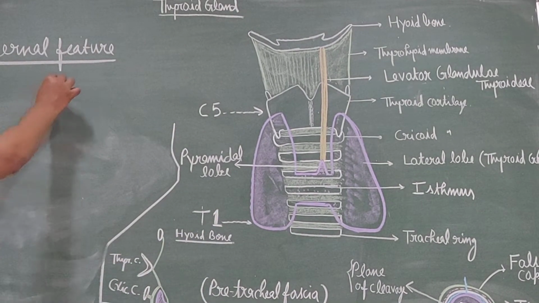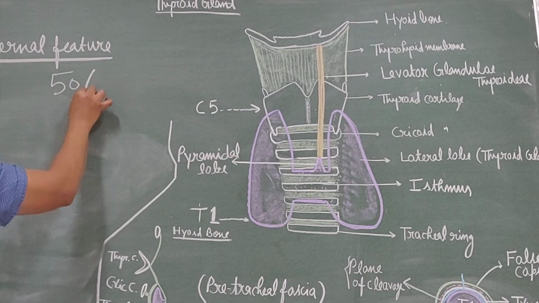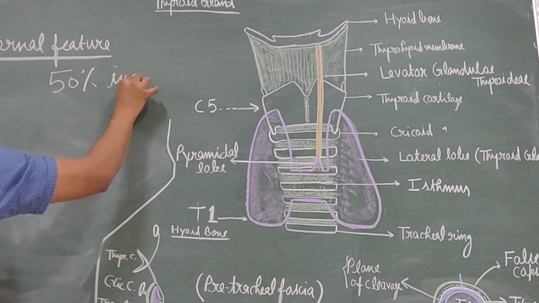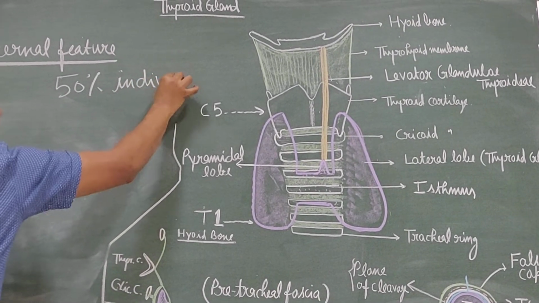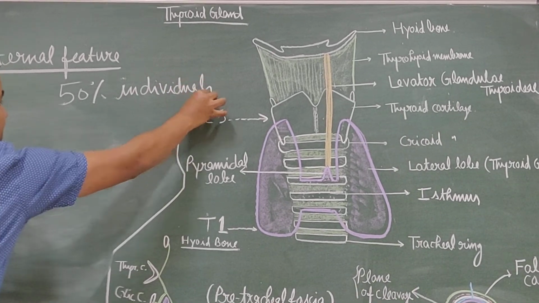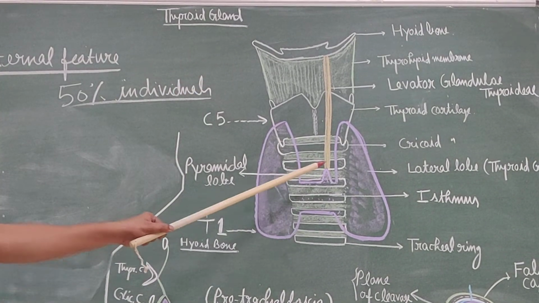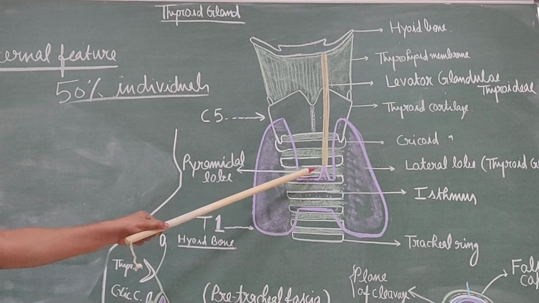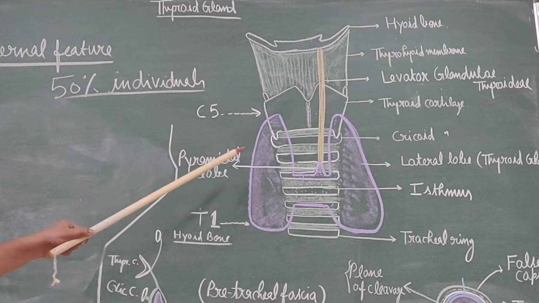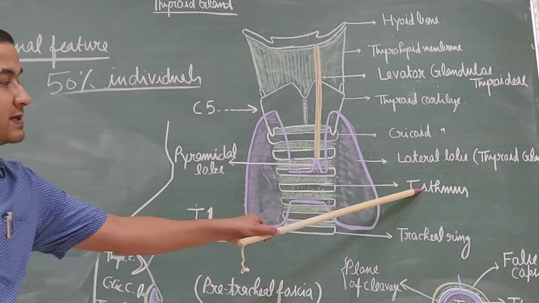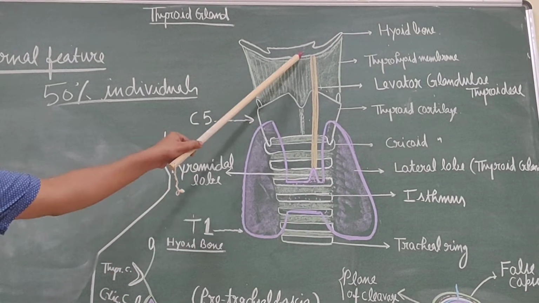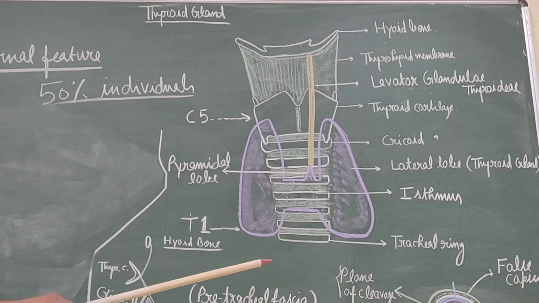In 50% of individuals, a small lobe known as the pyramidal lobe extends from the isthmus and is directed towards the hyoid bone.